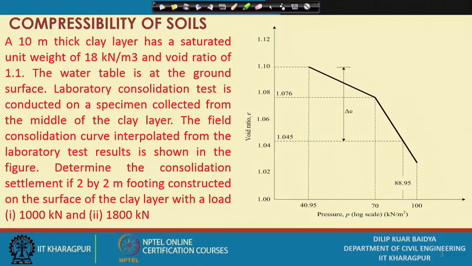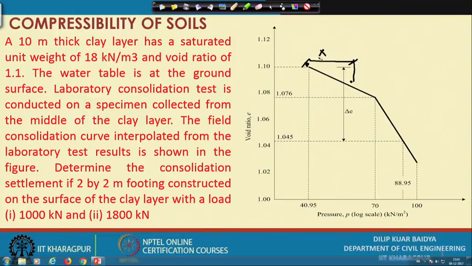Suppose I apply delta P, and because of delta P the point comes here. So, this is the initial overburden and this is delta P. Because of the foundation pressure you can go up to this much, that means we are not going beyond that, so this is a recompression only. We find the consolidation settlement using this part only, and for that there is an equation.